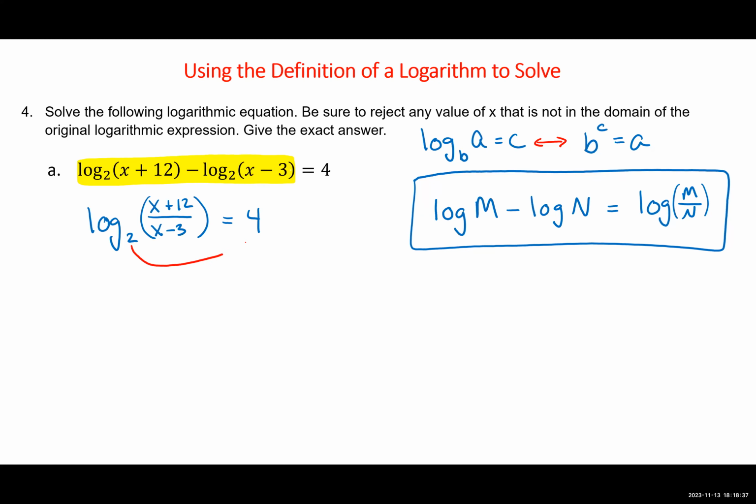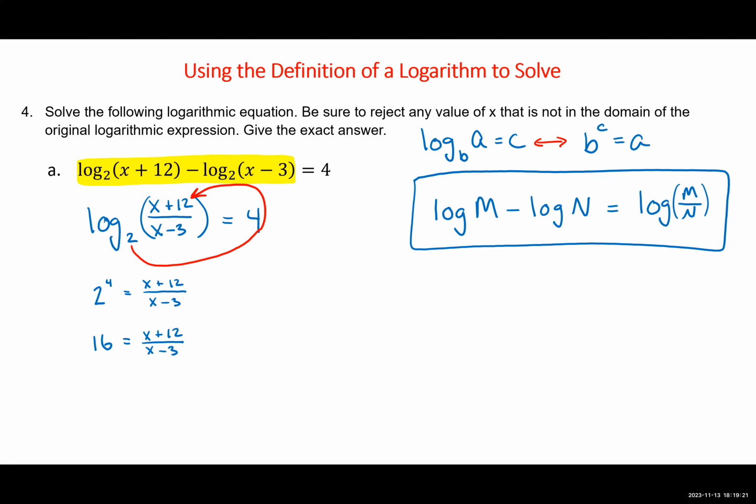So 2 to the power of 4 is equal to x plus 12 over x minus 3. 2 to the 4th power, well, that's 2 times 2 times 2 times 2. 2 times 2 is 4, times 2 is 8, times 2 is 16. So 4 twos give you 16, and that's equal to x plus 12 over x minus 3.